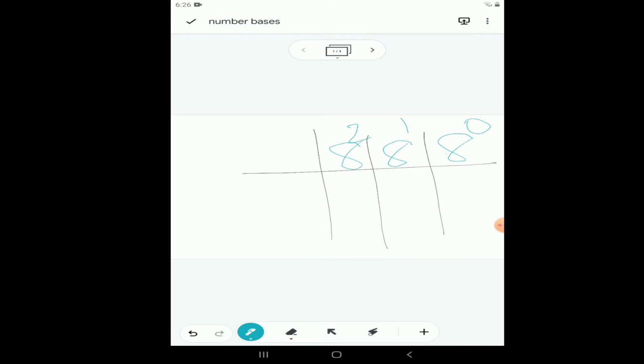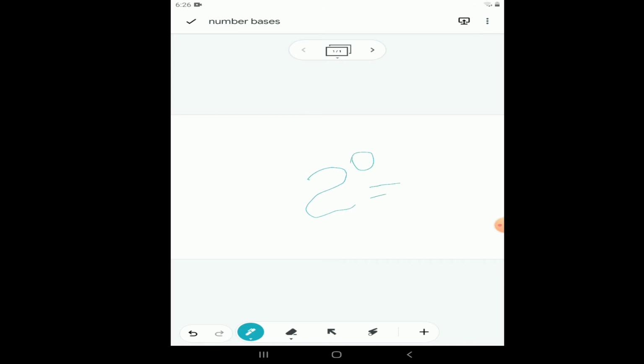So yes, once you look at it properly, you will realize that for the 2 to the 0, any number raised to the power of 0 is what we call 1. So if it's 2 to the 0, it is 1. If it is 5 to the 0, it is 1. Any number raised to the power of 0 is 1. Very good.